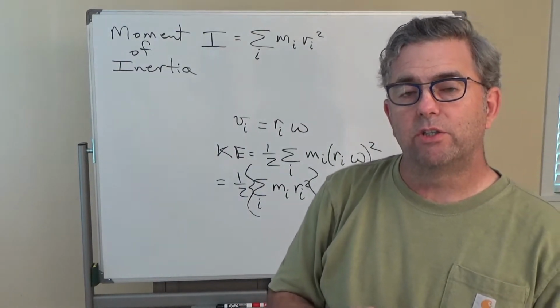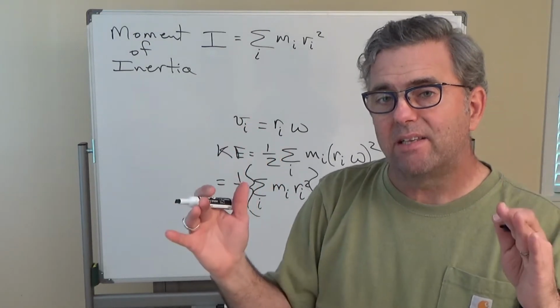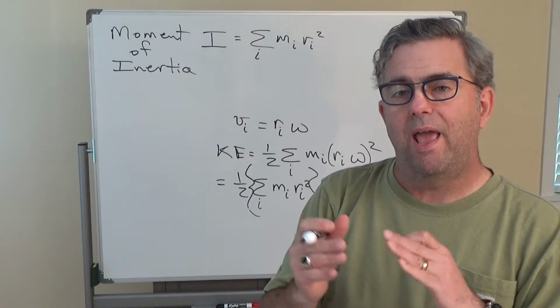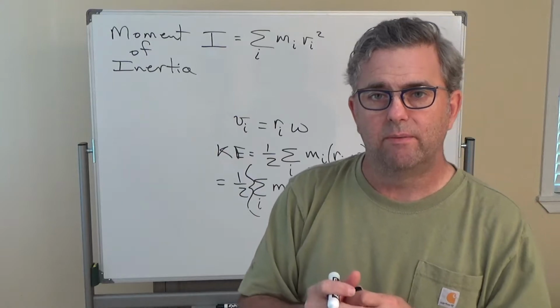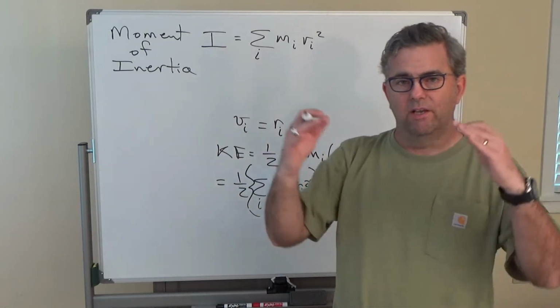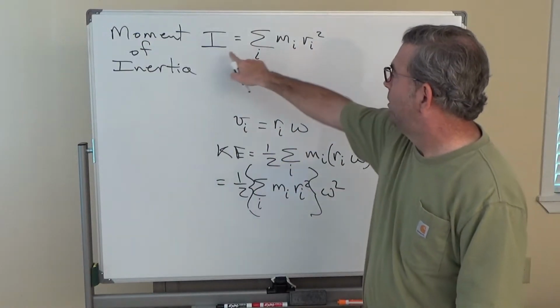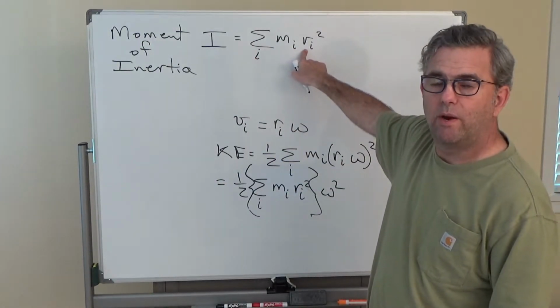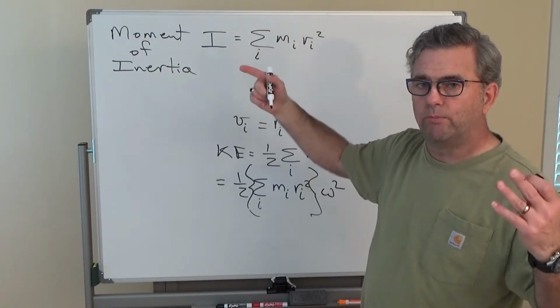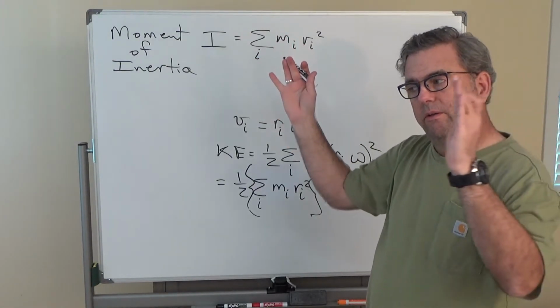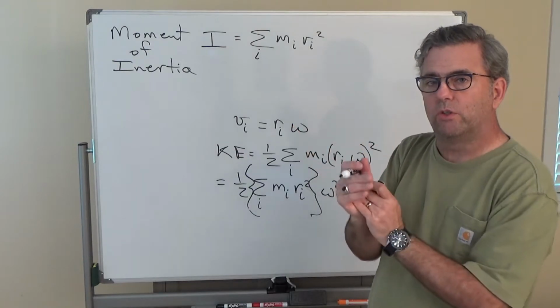So this moment of inertia not only depends on the mass of the object, it depends on how the mass is distributed. If the mass is farther away from the axis of rotation, the moment of inertia goes like r squared, so you're going to get a larger moment of inertia than if the mass were closer to the axis.